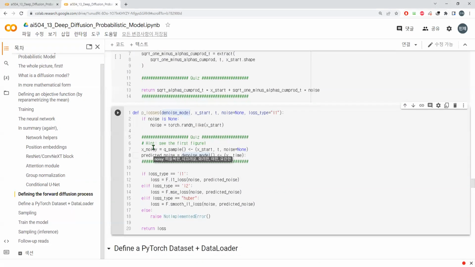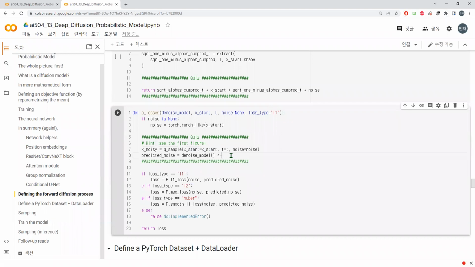So this should be extract and t, and noise should be extract and t and noise, right?